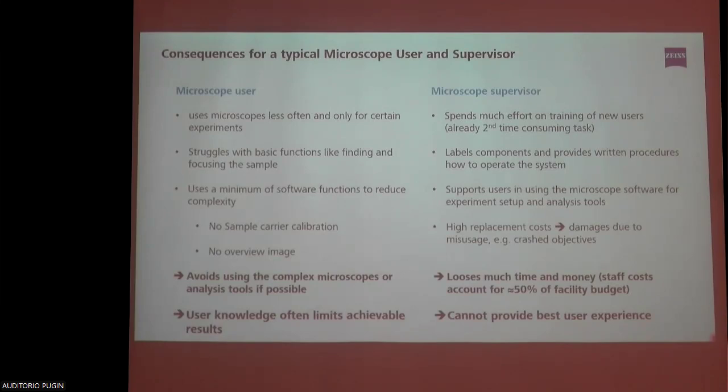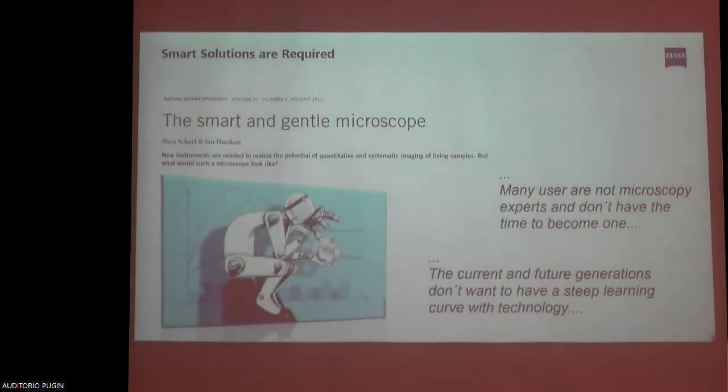Yeah, so you could do so much better and you want to do so much better, but we have developed into a direction where the world got so complex and where we simply need some help to be more efficient. It was already about 10 years ago when some people published a couple of nice articles in scientific journals about microscopy and the need to have smart microscopes, so systems that help the user to achieve better results.